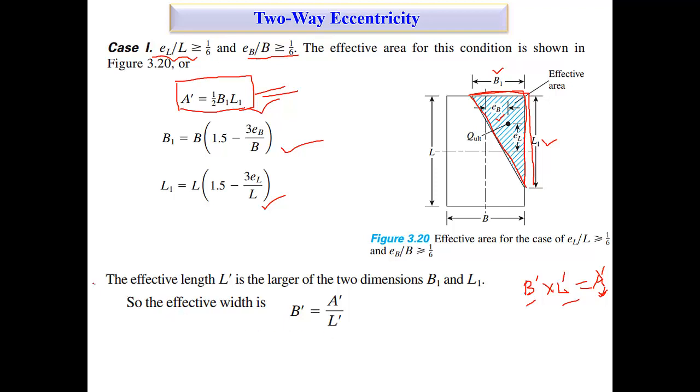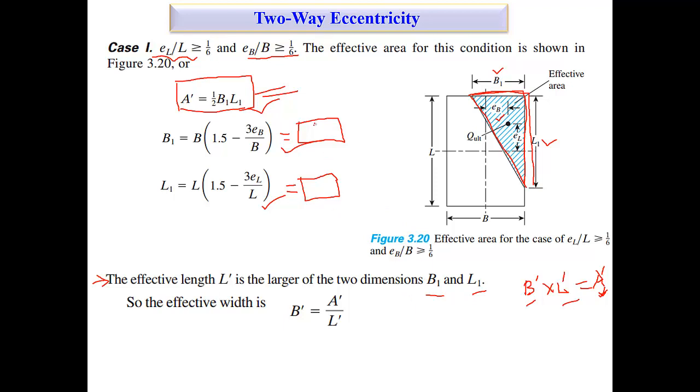So have a look here. They define one thing: the effective length L prime is the larger of the two dimensions B1 and L1. So between B1 and L1, whichever is larger, that one will be considered L prime.